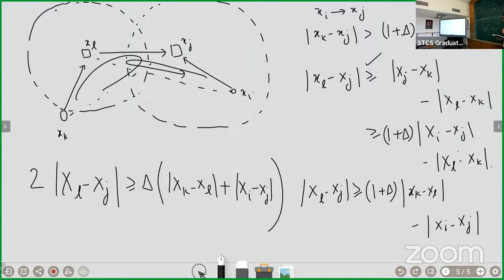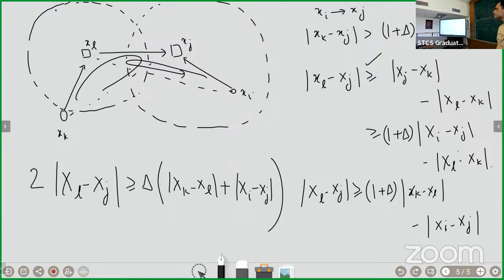Doesn't look right, because it says that xl minus xj has to be some positive number, but it can also be zero. Yeah, the distance between them shrinks. They will also shrink.